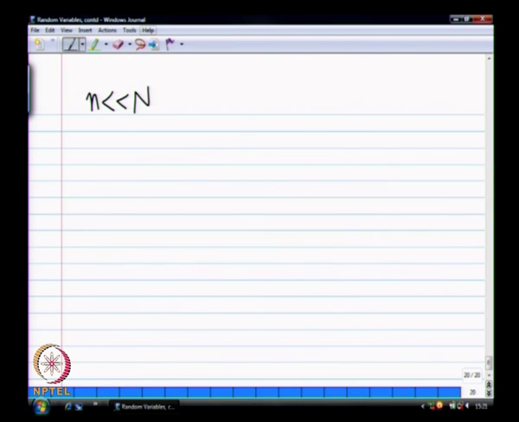So when your n is substantially larger, when n is very large, then getting k successes in n trials with the probability of success d by n, we will simply approximate here.